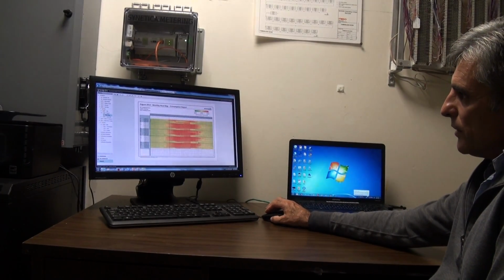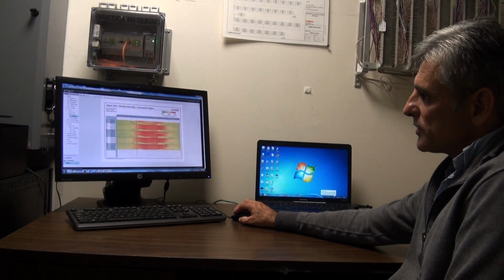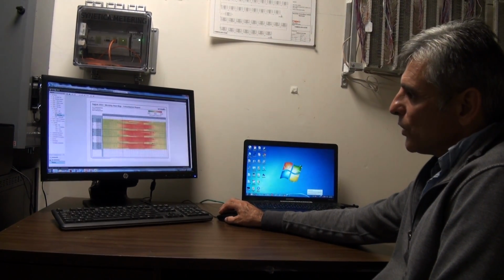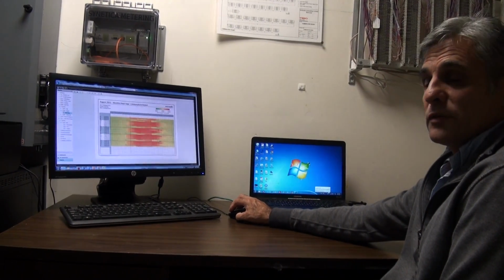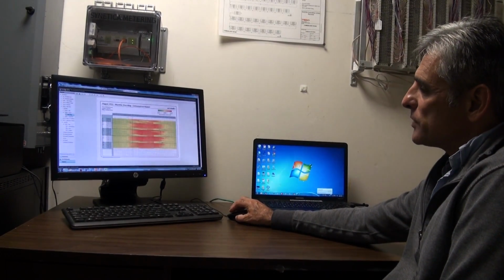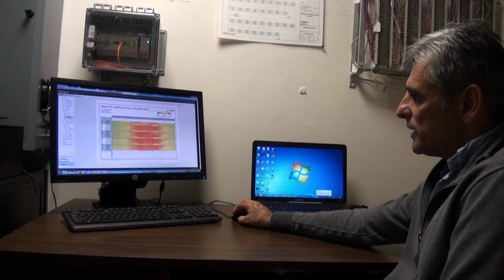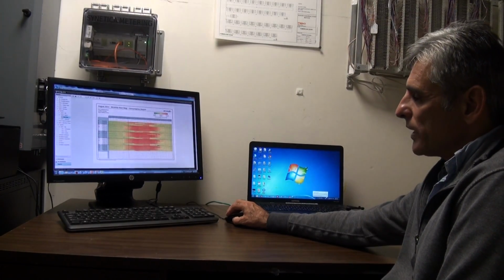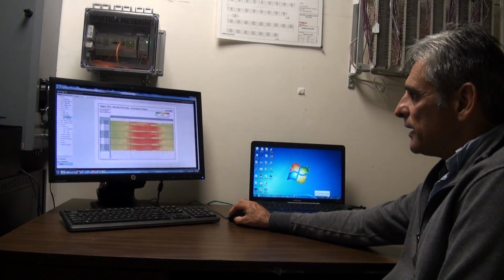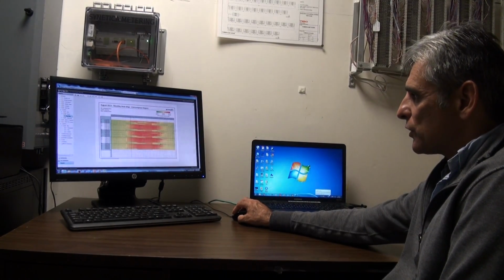So as you can see, from midnight to 6 o'clock in the morning, we've got very few kilowatt hours used. And as we go from 6:30 through the day, coming towards the evening, it gets redder. Obviously there's more kilowatt hours being used. And again, as we go after 5 o'clock, it starts fading out to green again.